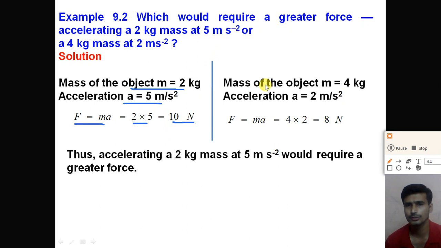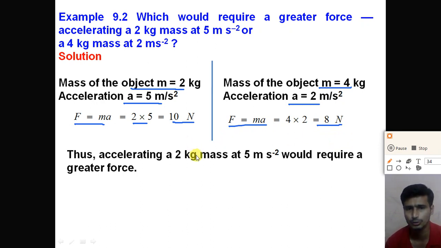Similarly, in the second case, the mass of the object is 4 kg and acceleration a is 2 meter per second square. According to F is equal to ma, the force required to move the object is 8 Newton. So which would require a greater force?